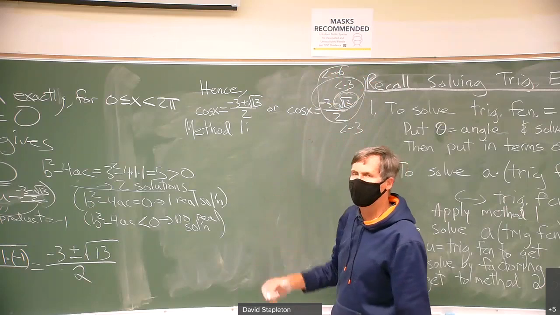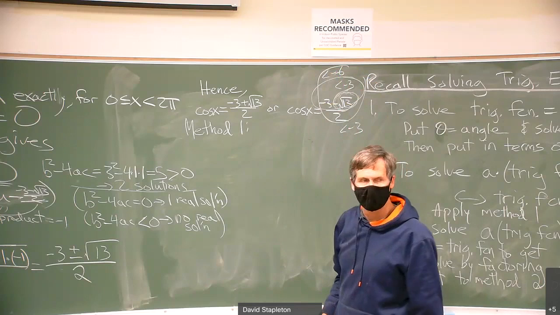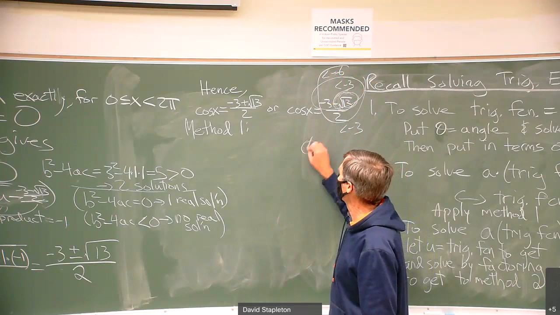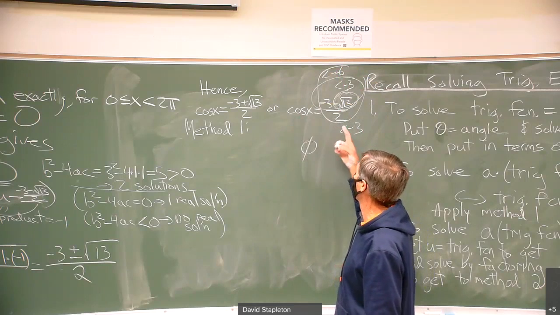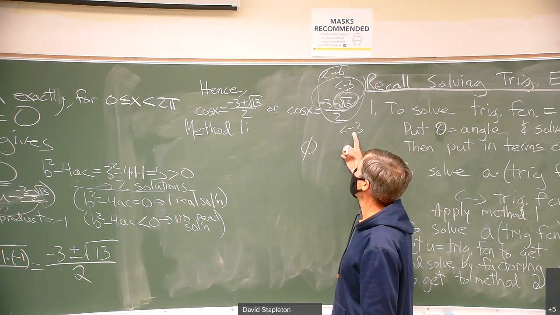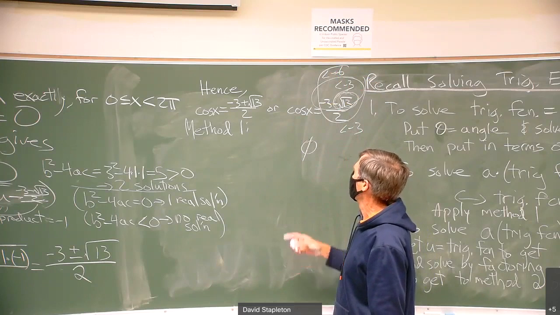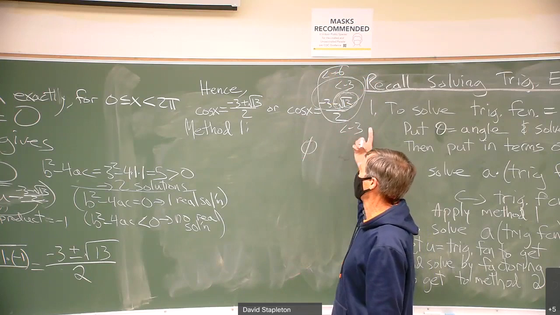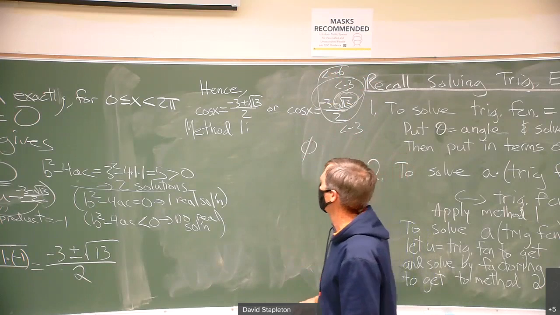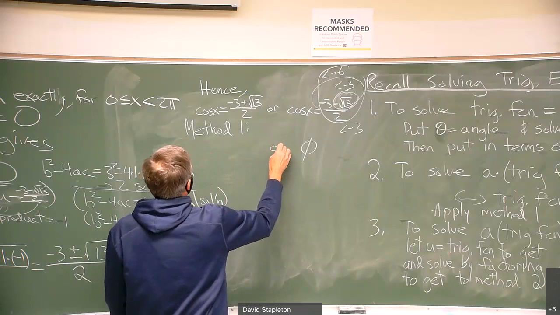So what are the solutions here? This has no solution. I need cosine x to equal a number less than minus 3. It's impossible, right? So this one has no solutions, because you can't make cosine a number bigger than 1 or less than minus 1. So that takes care of that side.